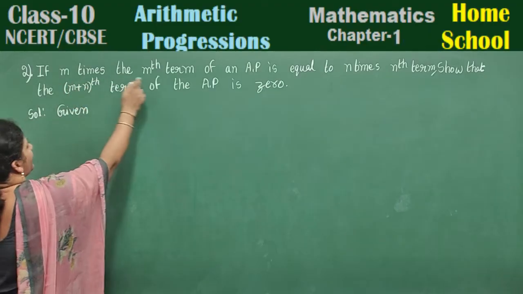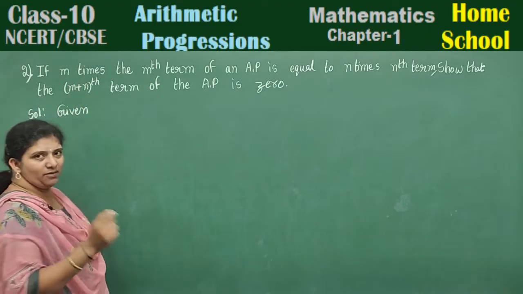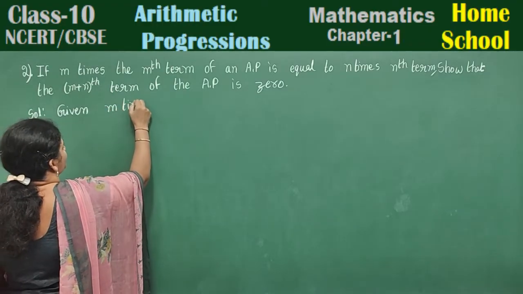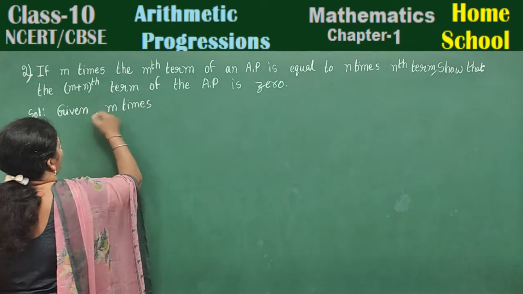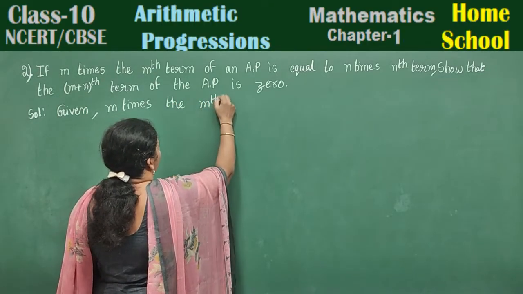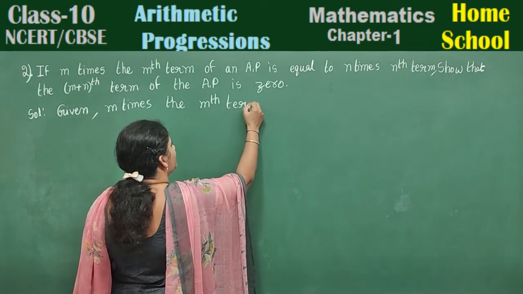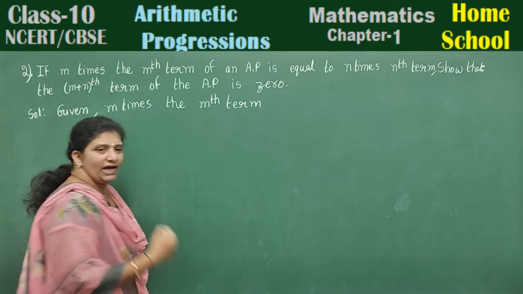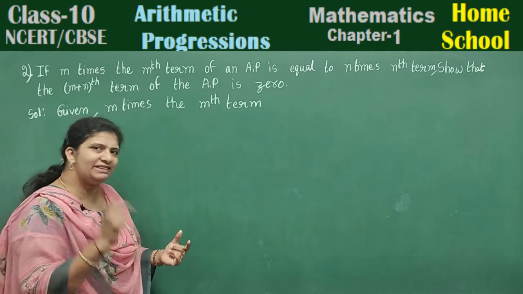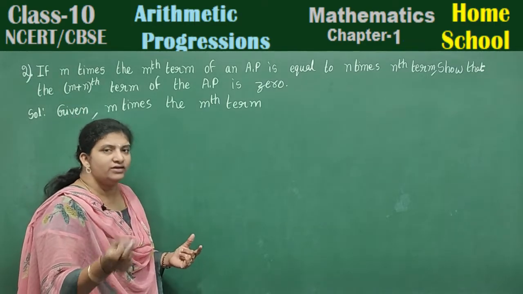If m times the mth term of an AP, given m times the mth term. What do you mean by mth term? How can we write this in an AP? The nth term means an, right?